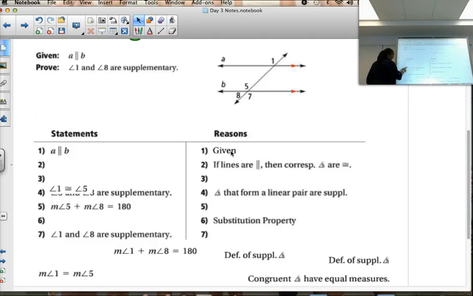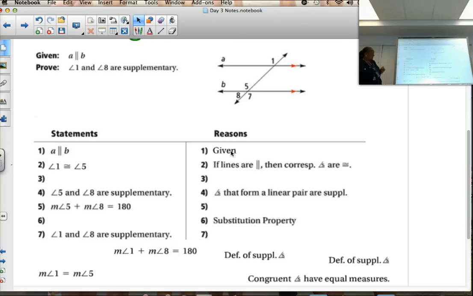So that has to be our statement. Angle 1 and angle 5 are congruent to each other. They're corresponding angles. That's one of the reasons you can use, because whenever you have corresponding angles, you have congruent measures, equal measures.